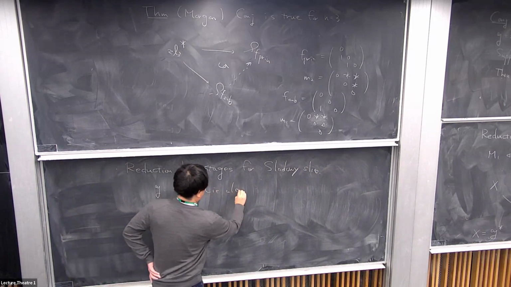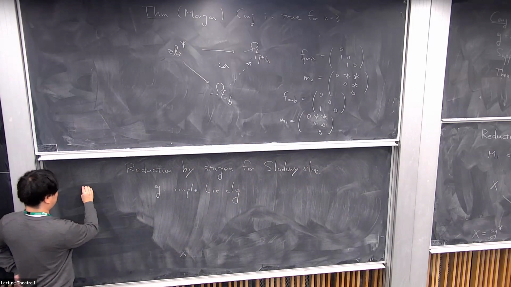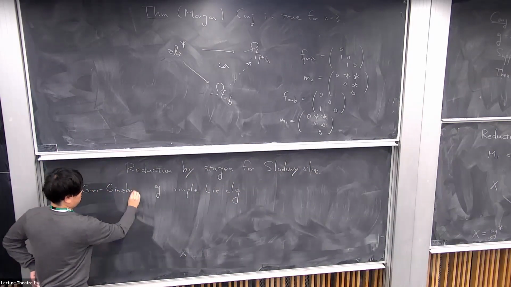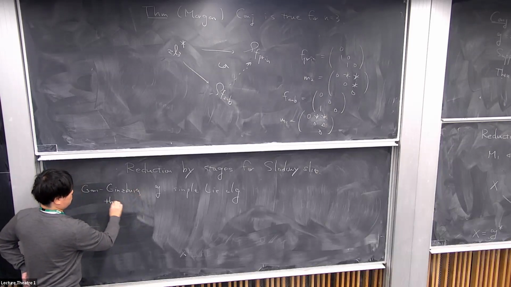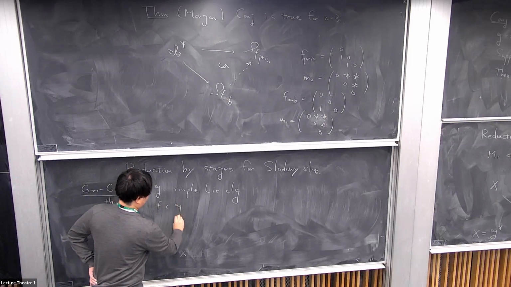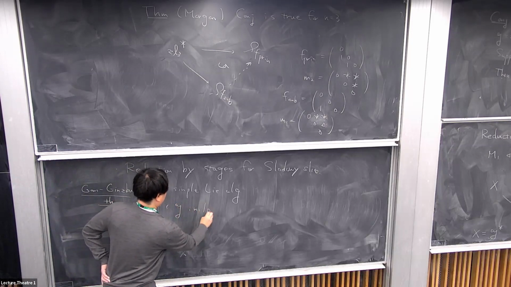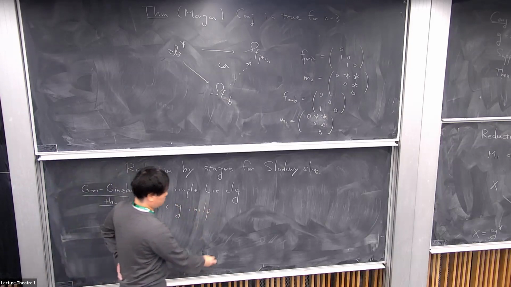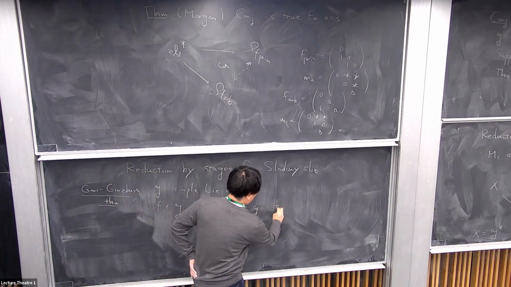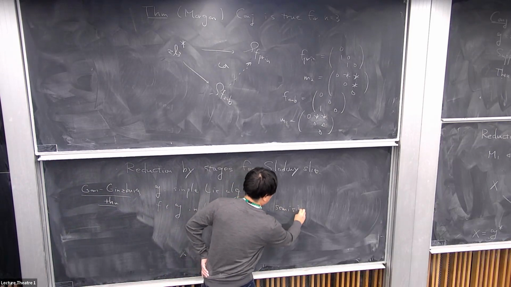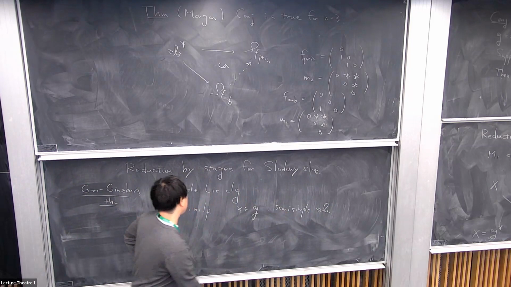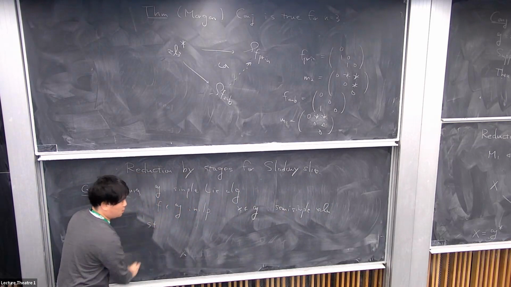I want to recall the Gan-Ginzburg theorem, where F is a nilpotent element. But I need to choose one element X, which is a semisimple element satisfying some nice conditions.